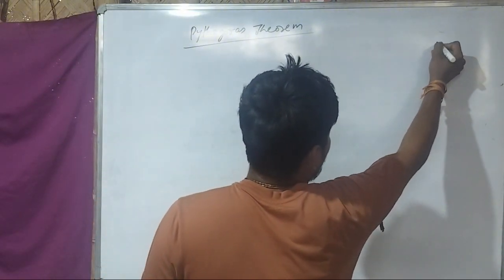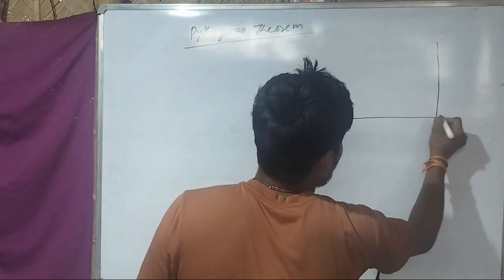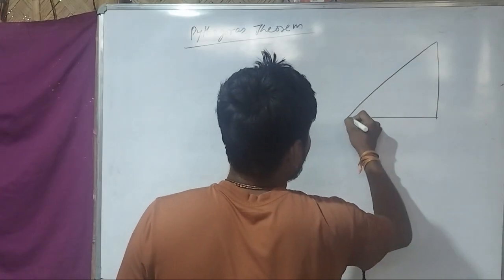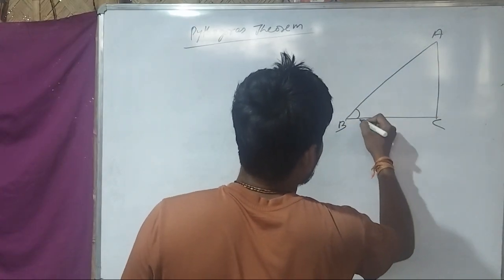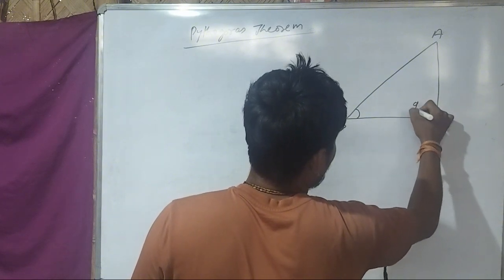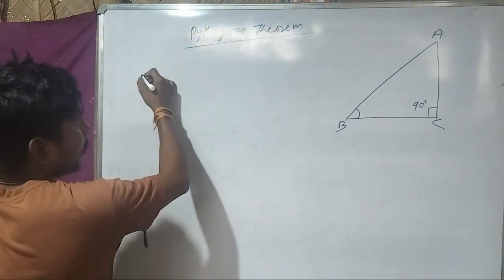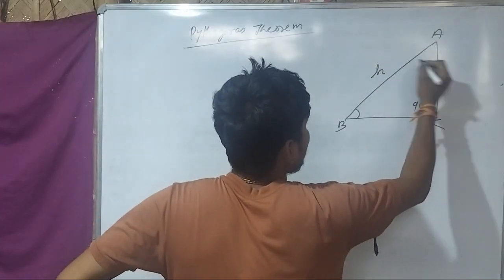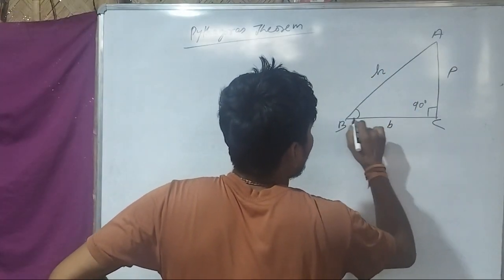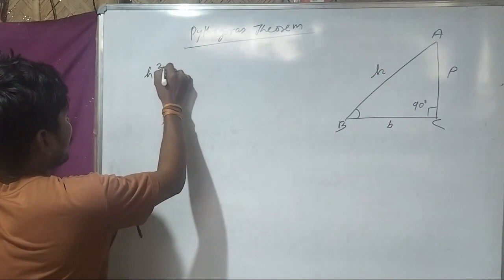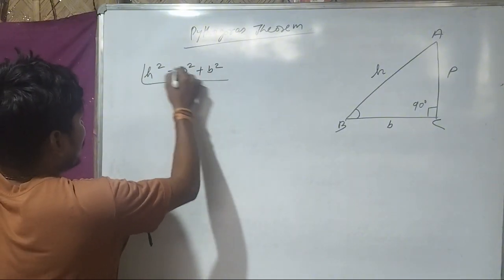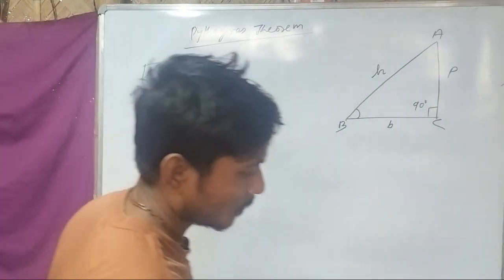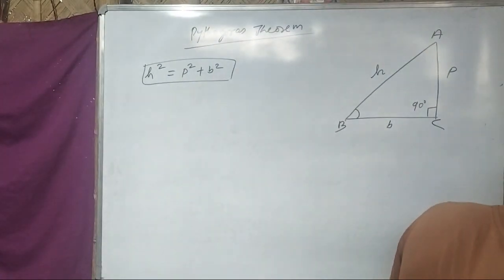Suppose I have drawn a right angle triangle A, B, C, and suppose this is angle B. That means it will be 90 degrees. So what did Pythagoras say? Pythagoras said that if this is hypotenuse and this is perpendicular, this is base with respect to angle B, then hypotenuse square equals perpendicular square plus BC square. This is called our Pythagoras theorem.